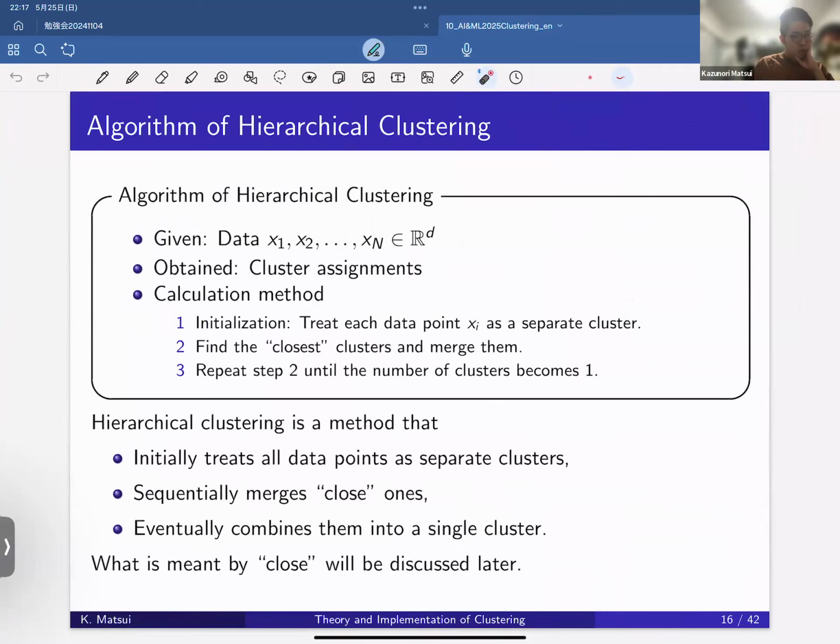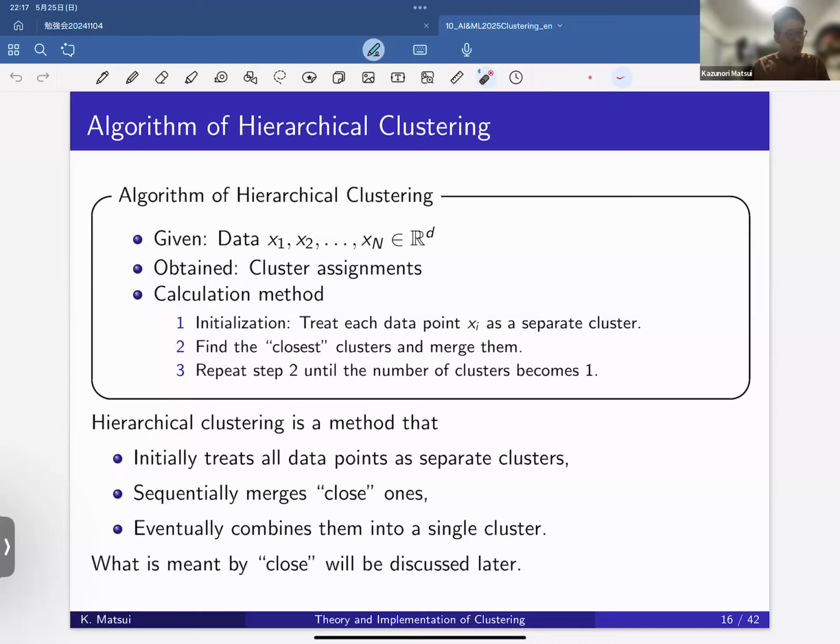Then we find the closest clusters and merge them. If they are close data points, we make them into one cluster. Next, we merge the close clusters again, and we repeat this until everything becomes one.